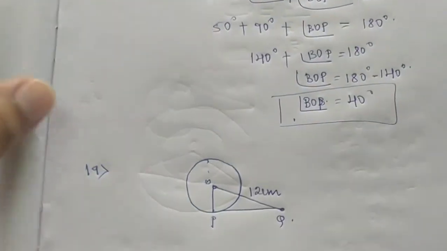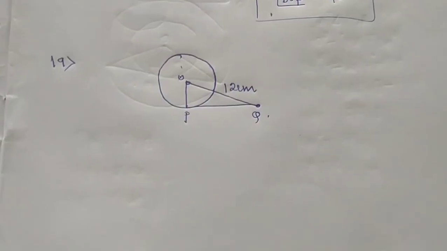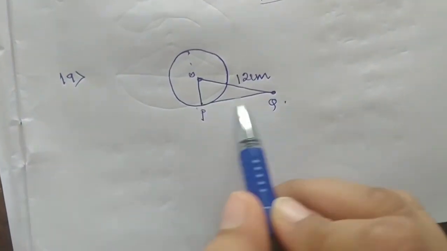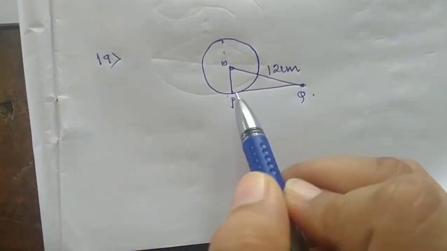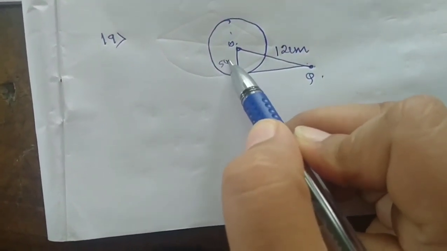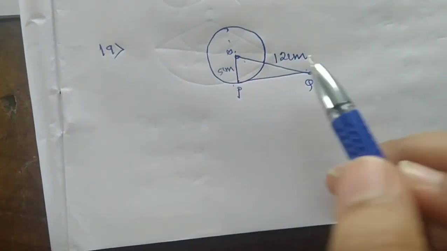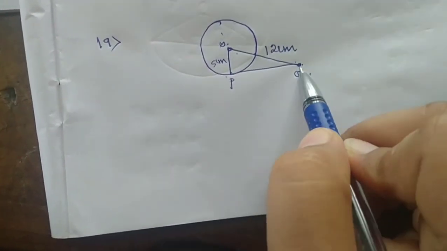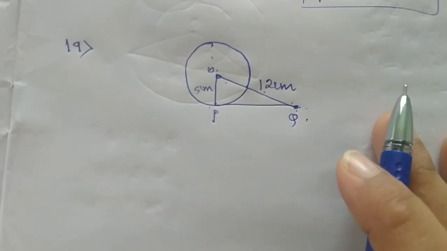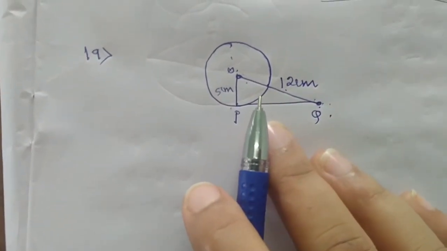Now we will see the solution. Here they have given in the question that PQ is the tangent and the radius is 5 cm, through a center at a point Q. The distance OQ is 12 centimeters. So you have to find the value of PQ.